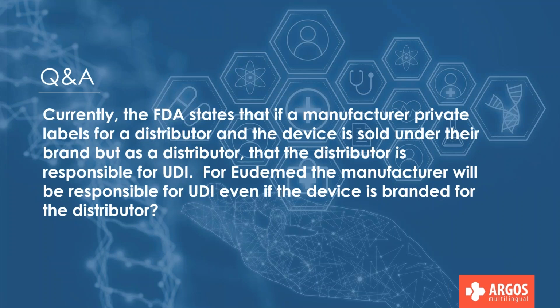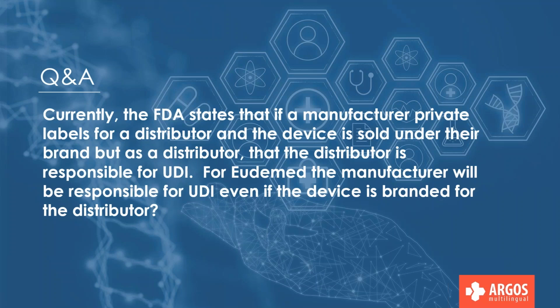Again, remember in the US, it's the labeler that's responsible for that. So who's responsible for the legal labeling requirements and who has the filing, the 510K, and are they registered? How are they registered with the FDA? With Eudamed in the EU, again, it's the manufacturer. So the manufacturer is going to be responsible for that UDI.